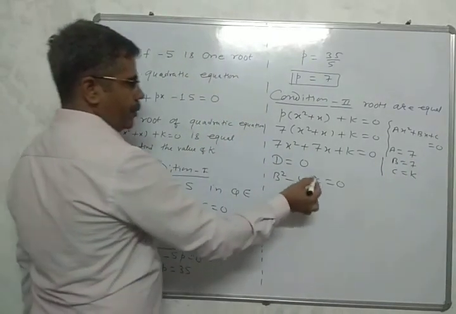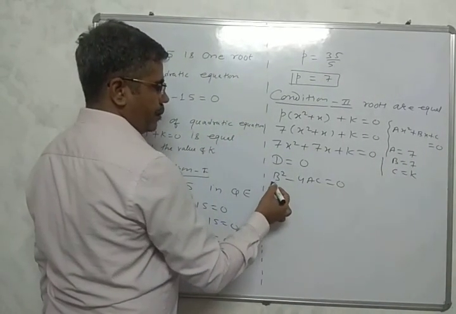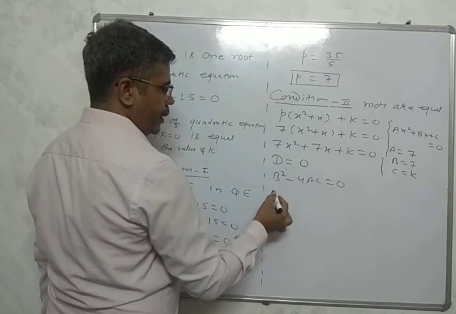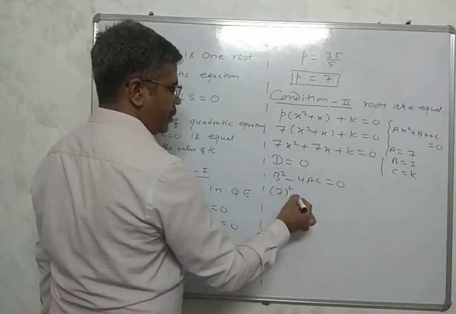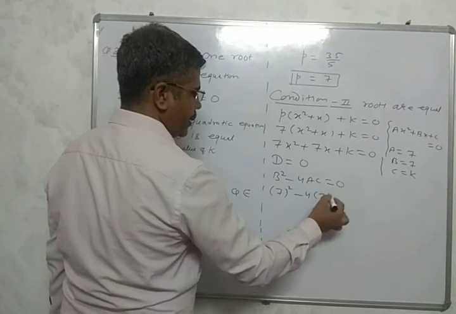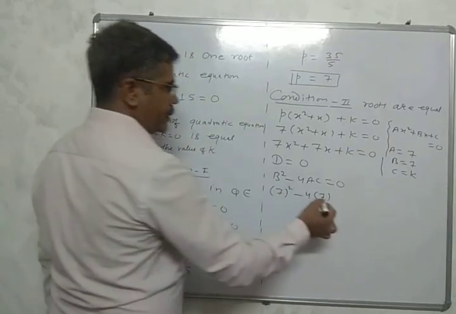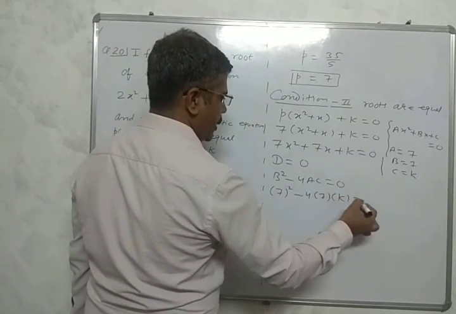We put the values of a, b, c: b is 7 square, minus 4, a is 7 and c is k, equals to 0.